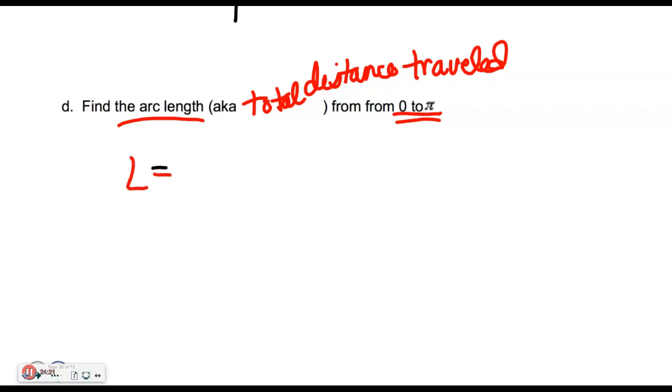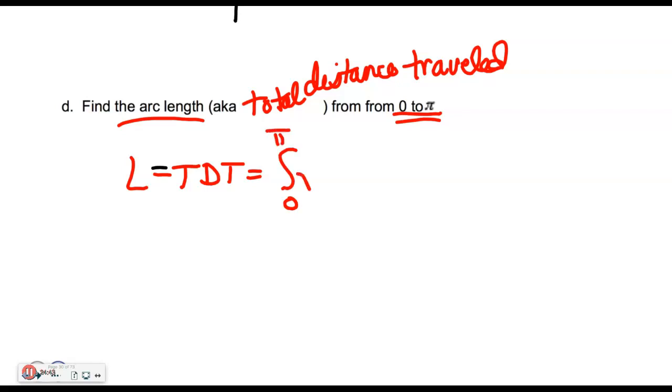See if you've got that formula memorized. It hasn't been very long. And then I'll tell you how you already know the arc length formula. So I'm going to write total distance traveled. So you're not memorizing two formulas, correct? So you should be integrating from 0 to pi.